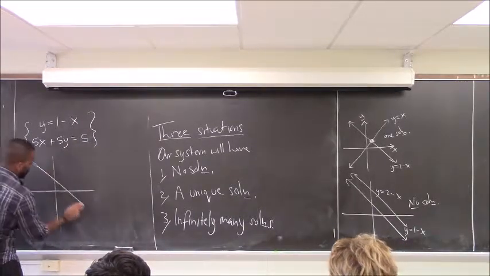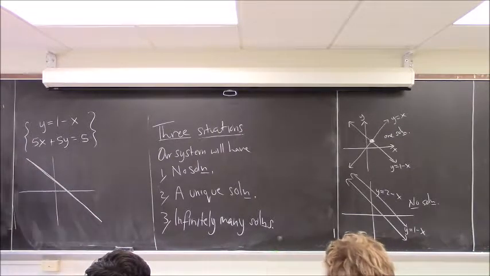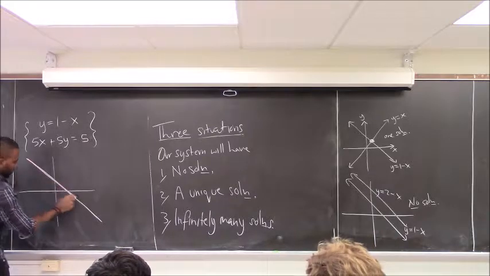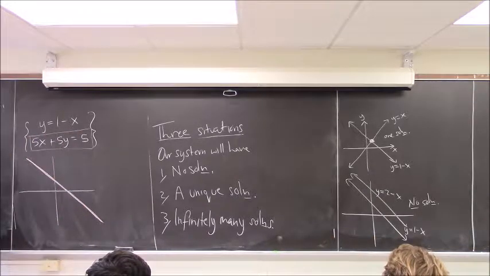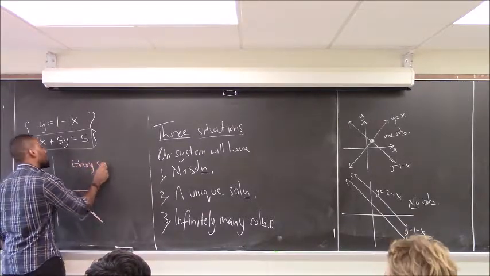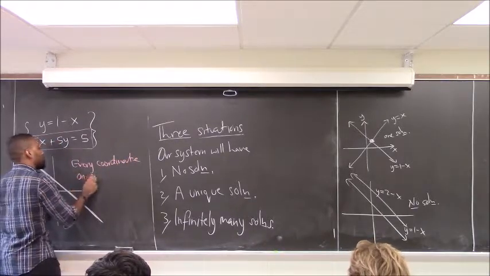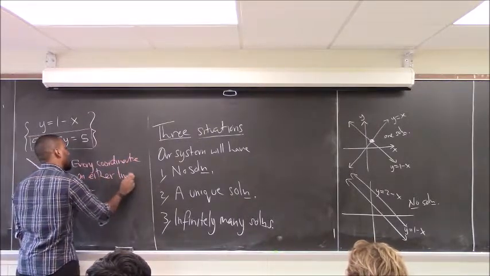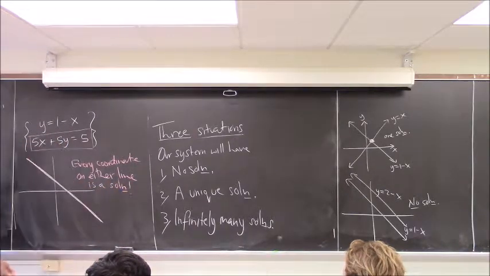That's a situation where you have one line right on top of the other. They'll actually look exactly the same. And so here every coordinate is a solution. That gives you infinitely many.